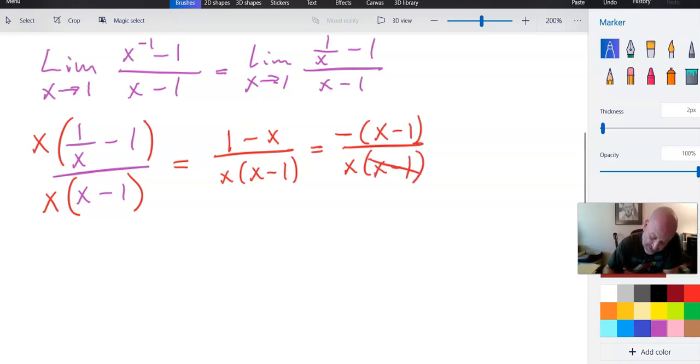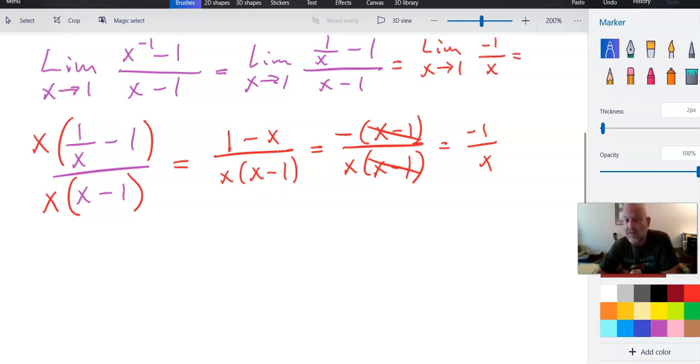So I can cancel this, which gives me negative 1 over x. So now this has been changed to the limit as x approaches 1 of negative 1 over x. And that's one we can just plug in. There's no discontinuities for this particular function at 1. The only discontinuity is when x is equal to 0 here.